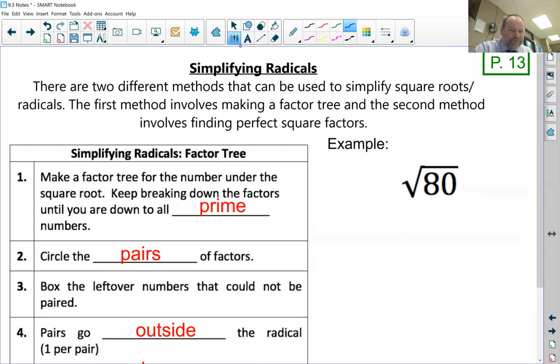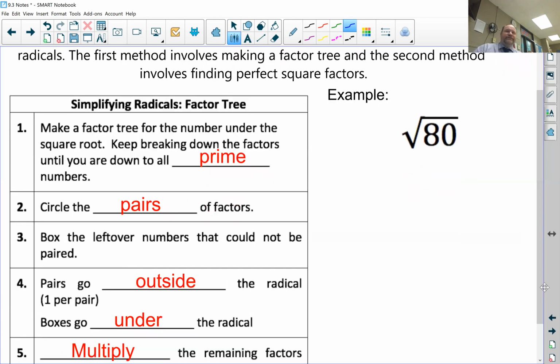Keep breaking down the factors until you are down to all prime numbers. So remember, prime numbers are numbers that are only evenly divisible by 1 and themselves. Circle all the pairs of factors. Box the leftover numbers that could not be paired.